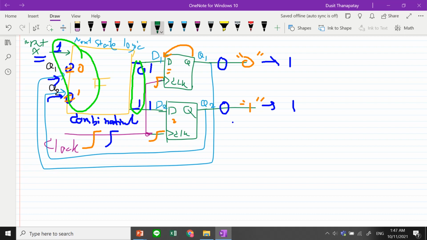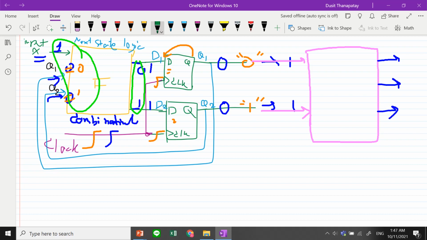The next component of a clock synchronous state machine is one more combinational circuit that will convert the state value to the final output of the circuit. I name this circuit G. Circuit G is also a combinational circuit.